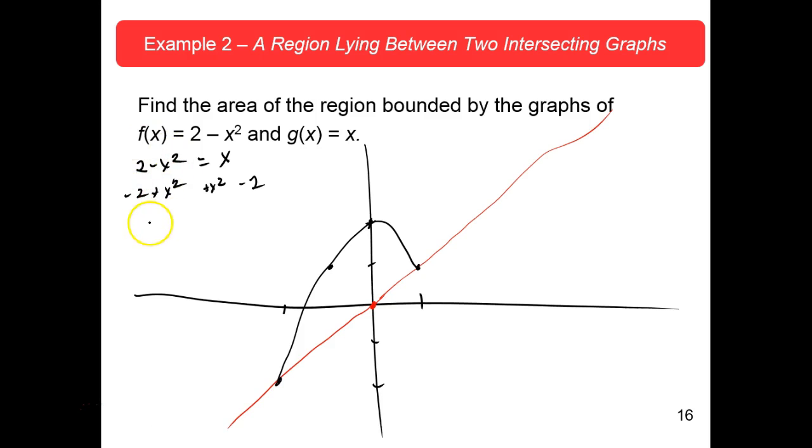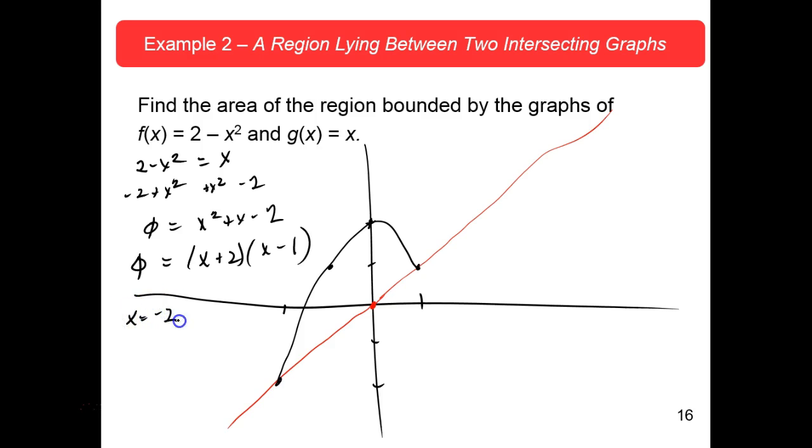So this side becomes 0. This becomes x squared plus x minus 2. Now what do we do? Factor it, and what would that give you? x plus 2 times x minus 1 is equal to 0. And what does that give you?